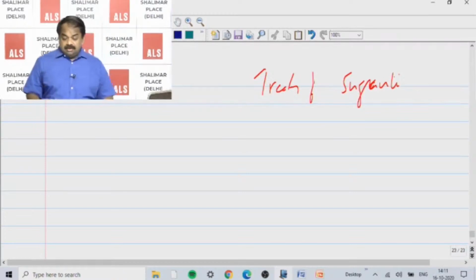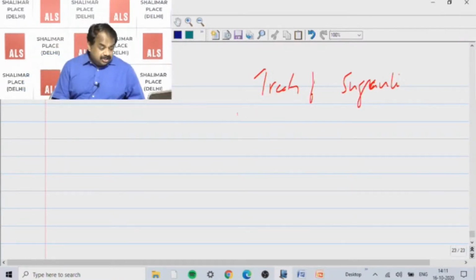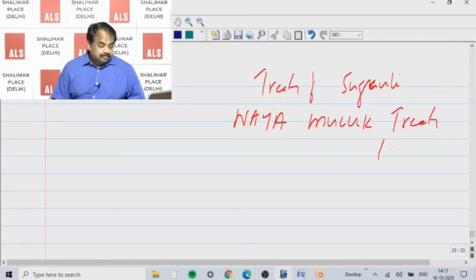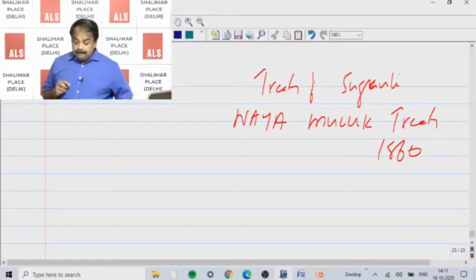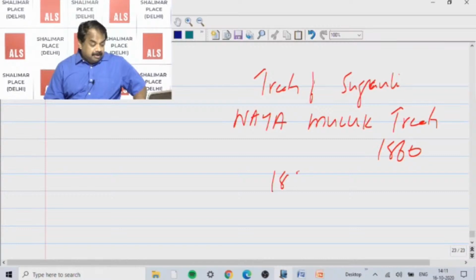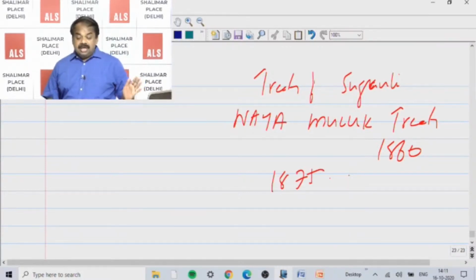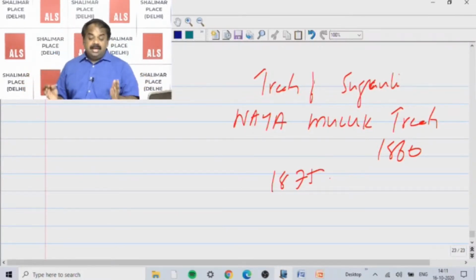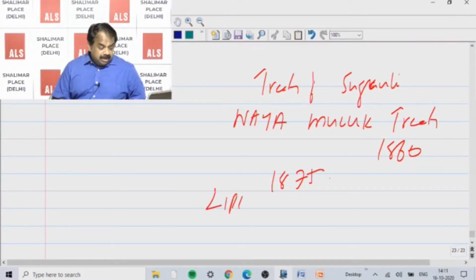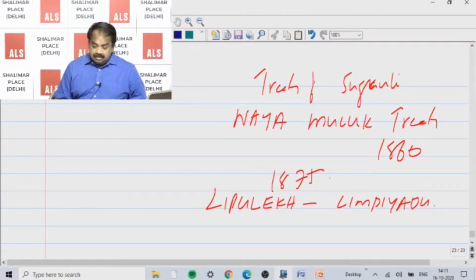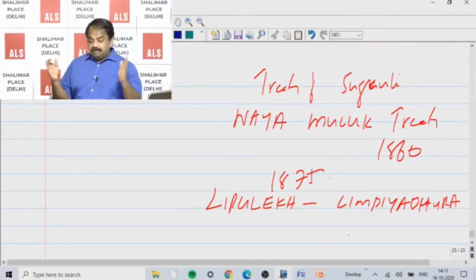And also there was a Naya Muluk Treaty of 1860 and a supplementary treaty in 1875, which clearly show that Lipule, Kalapani and Limpiadhura, that 335 square kilometers, all belong to Nepal. That's what they are saying.